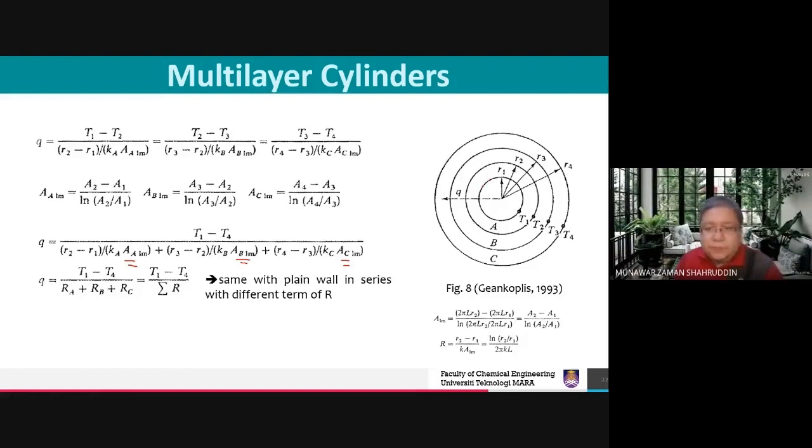For example, in this particular figure by Jean Coplis, you have three layers. Maybe A is a cylindrical pipe, and B and C are layers of insulation, for example, ataupun apa-apalah, apa application lah.